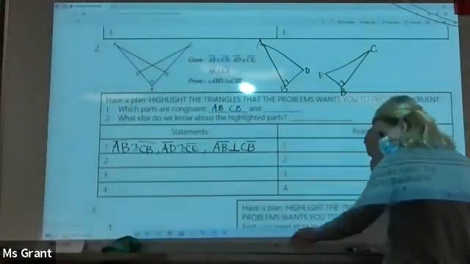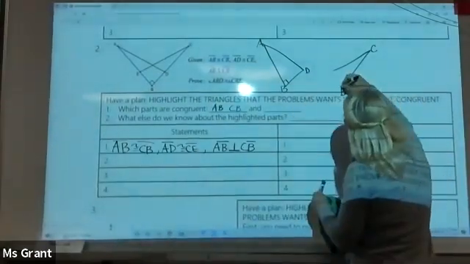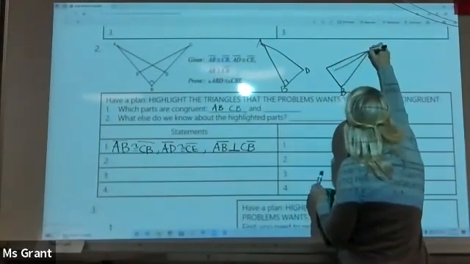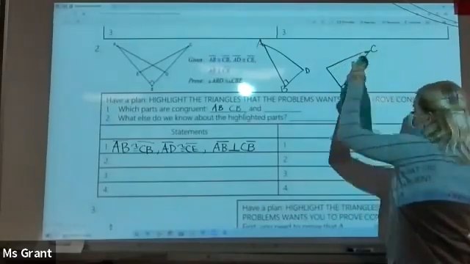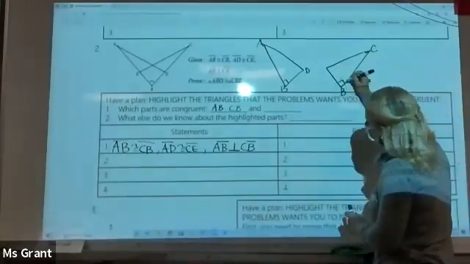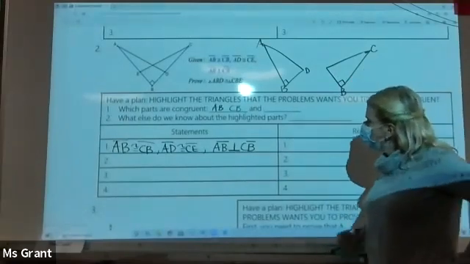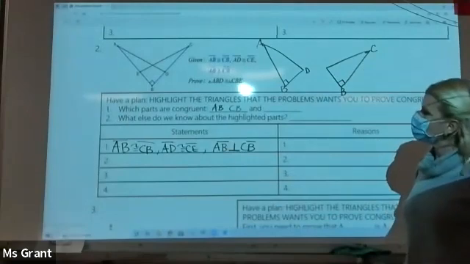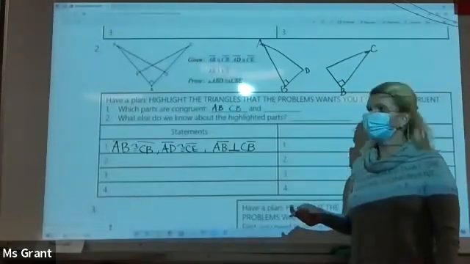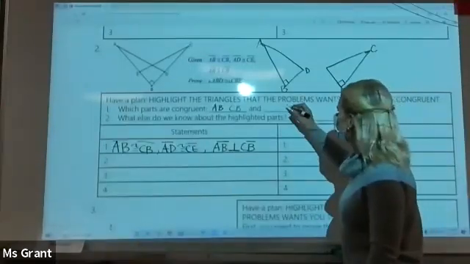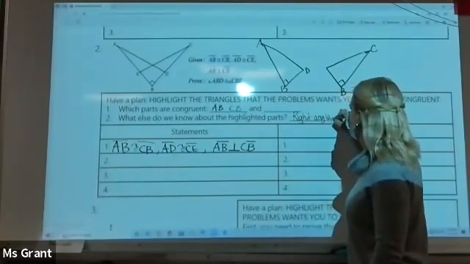Okay. It's a little better. Okay. Now I'm going to mark it up. What else do we know about the highlighted parts? Is there anything in common, you guys? The right angle is in common. Is shared.